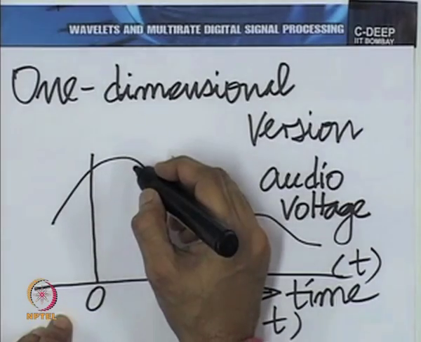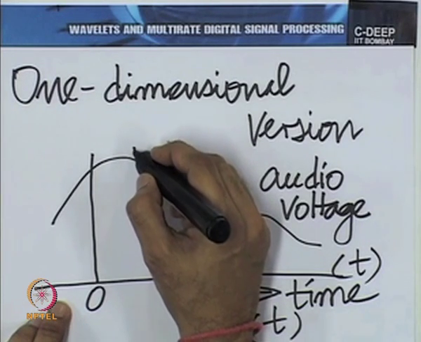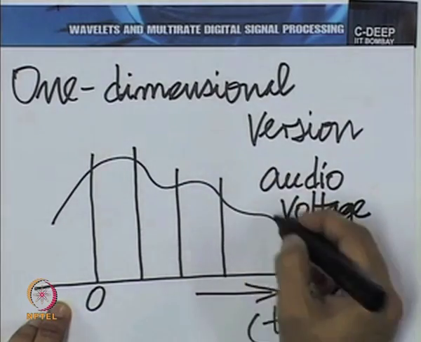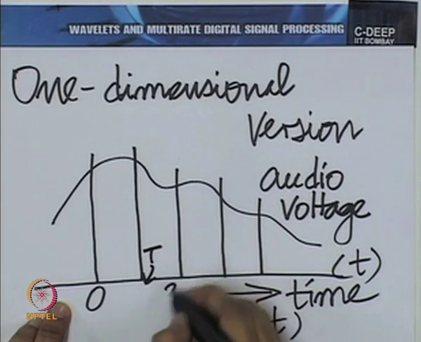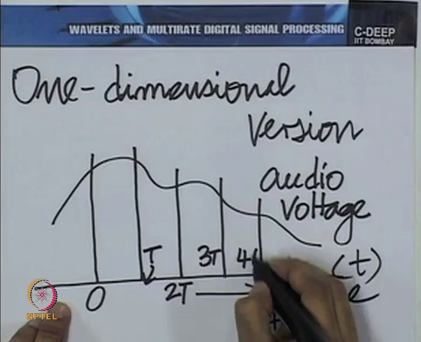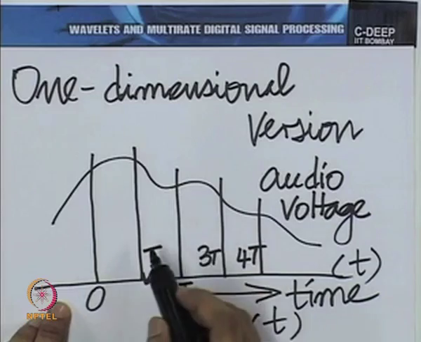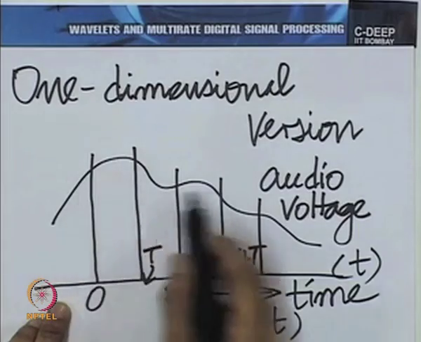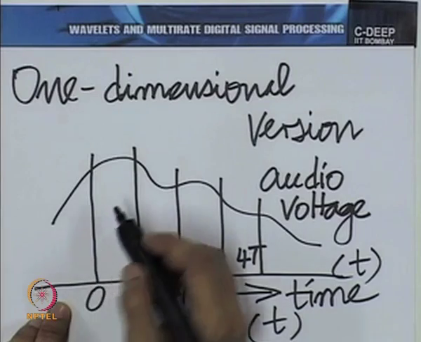Now, let me assume that I divide this time axis into small intervals of size t here. So, this point is t, this point is 2t, and so on. And I make a piecewise constant approximation. That means, I represent the audio voltage in each of these regions of size t by one number.